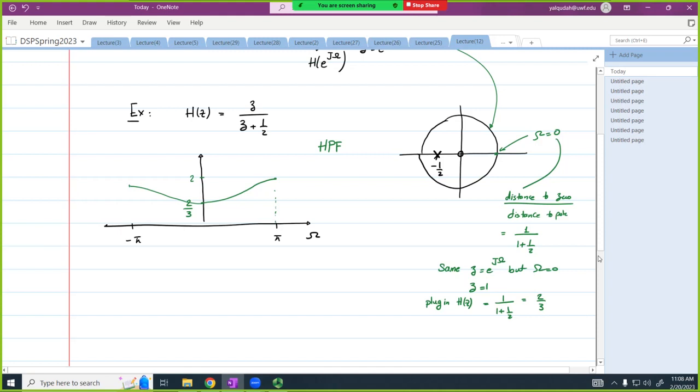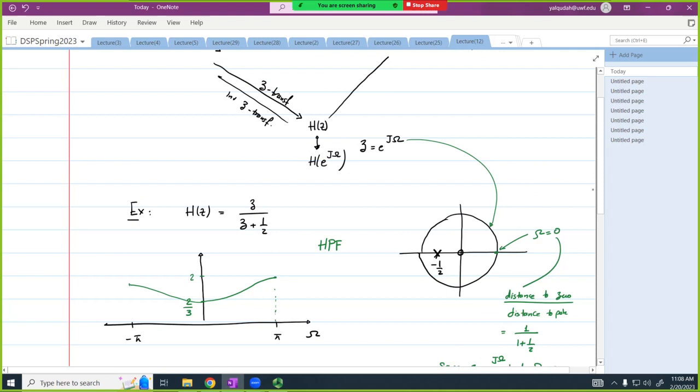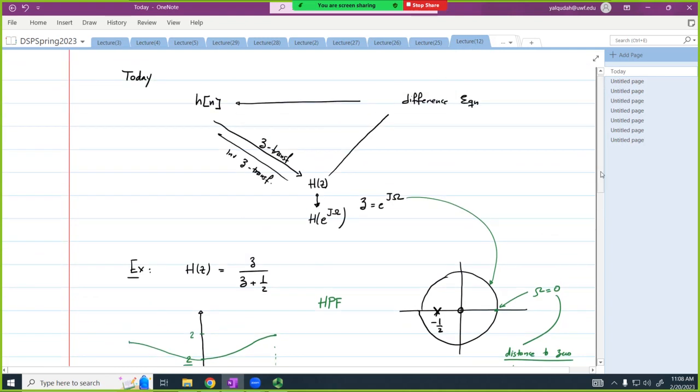So what we're going to be doing today that is new is that we're going to look at the relationship between the z transform and the difference equation. So we're going to try to relate the difference equation to h of n and h of z.